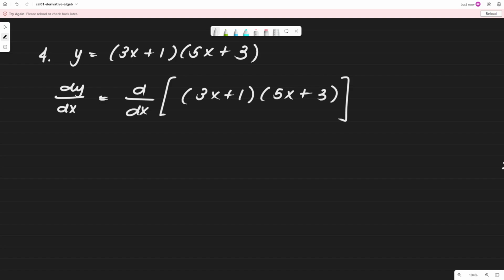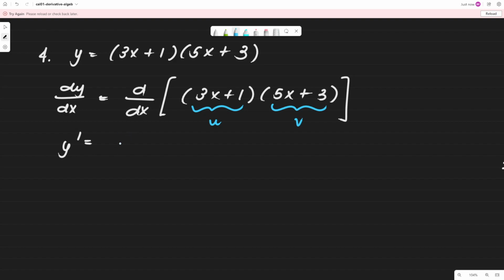The earlier one was the addition and subtraction rule, the distribution. Okay, this one is the product rule. So, we will have y prime is equal to, let us determine what is u and v. So, this is u, let's say, and this is v. Don't make it hard on yourselves, guys, in assigning u and v. Automatically, whatever comes first is u. Then the second one is v. But if you want to make it hard on yourselves, go ahead.